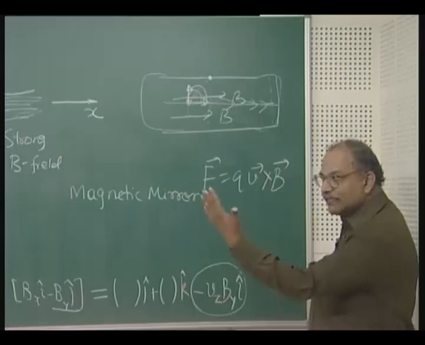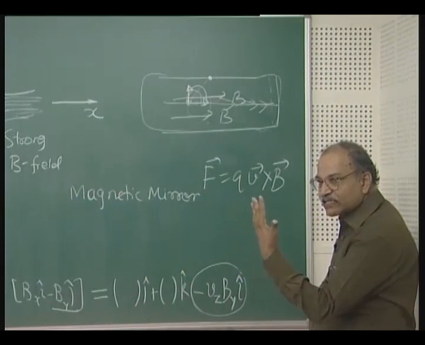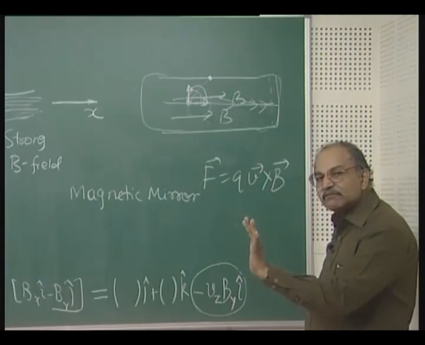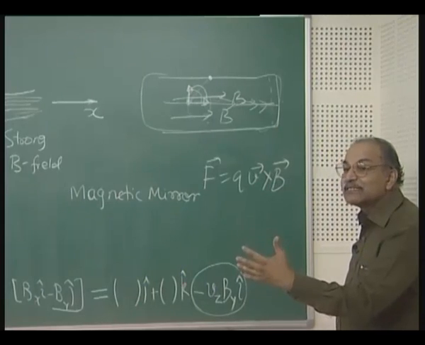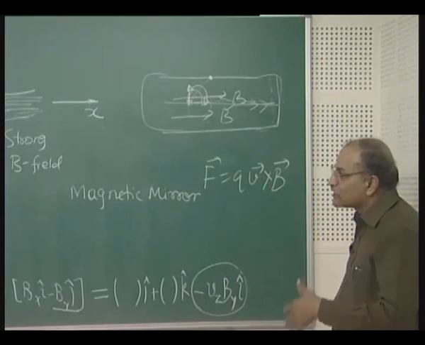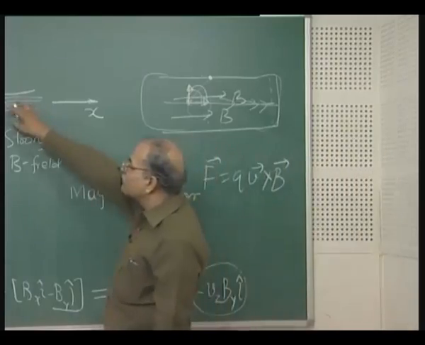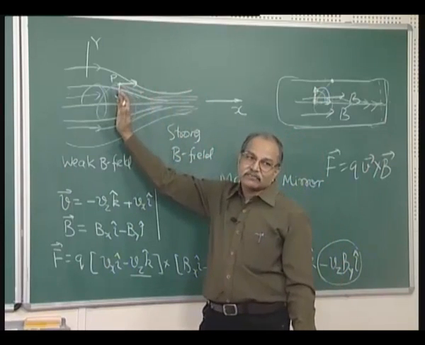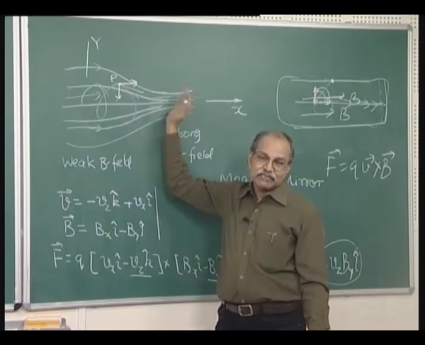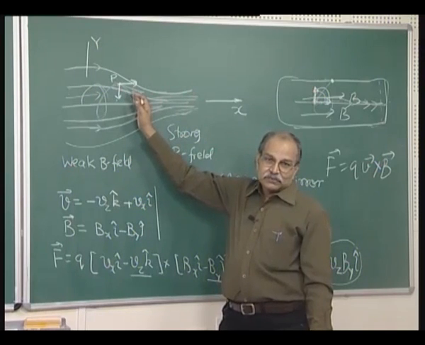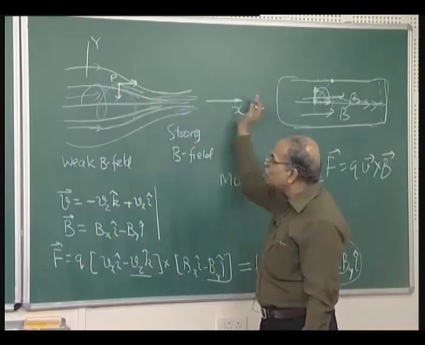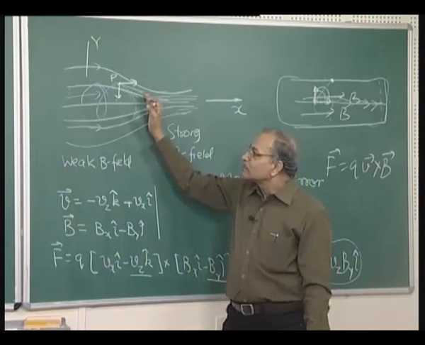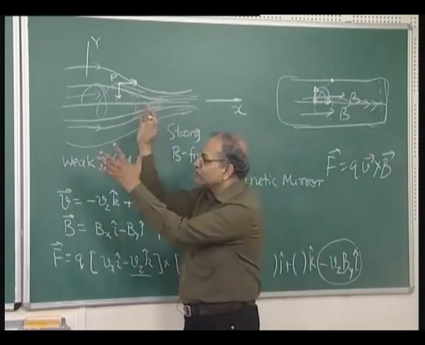The particle is coming in positive x direction, and there is a force which is in negative x direction. So, it decelerates. This is strong magnetic field, stronger magnetic field here is pushing the particle back. That is how it is acting like a mirror. So, this third dimension also can be managed with magnetic field, so that it is confined in this.